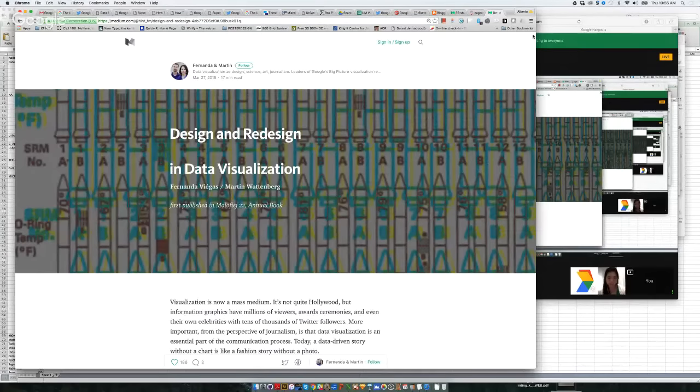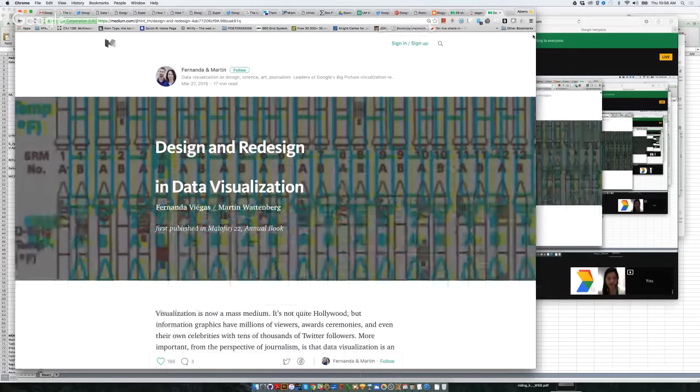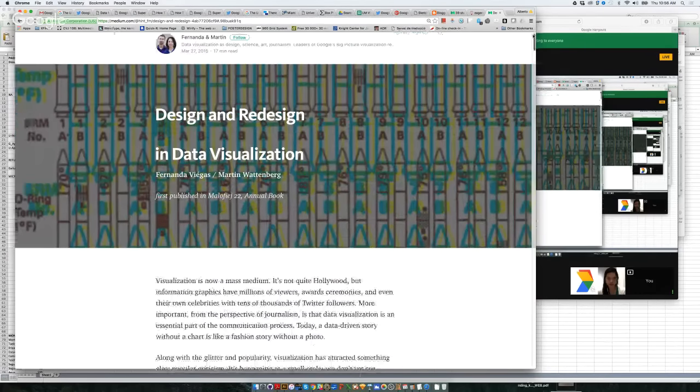And that is a very important thing to do, right? If you find a graphic that you believe has room for improvement, and you want to engage in a constructive conversation with the original designer, you need to be constructive and propose an alternative. So people out there, the audience, can compare the original graphic with the redesign and then engage in a conversation about which one of them is more appropriate.